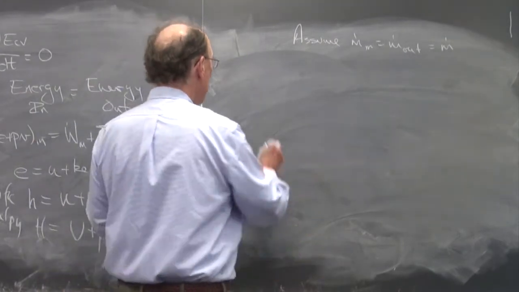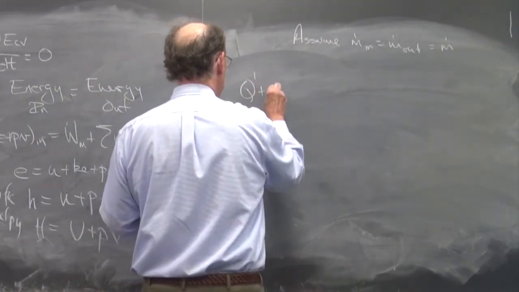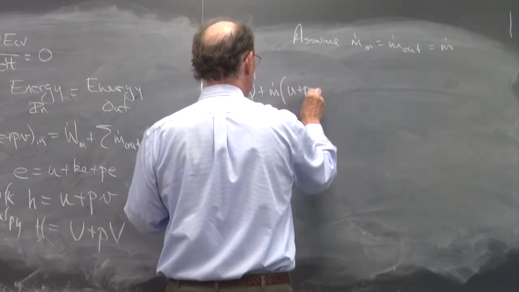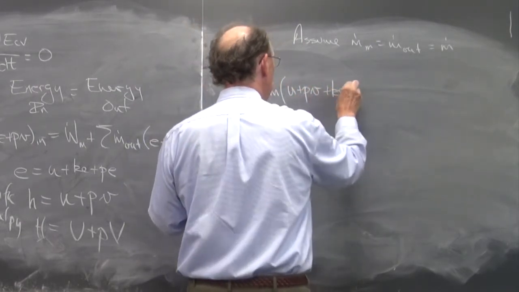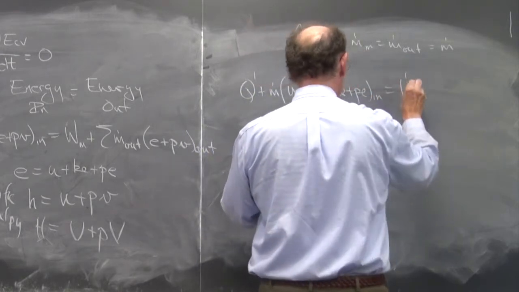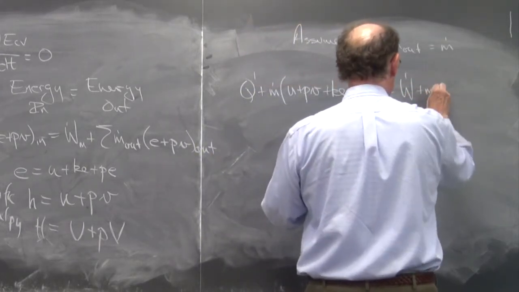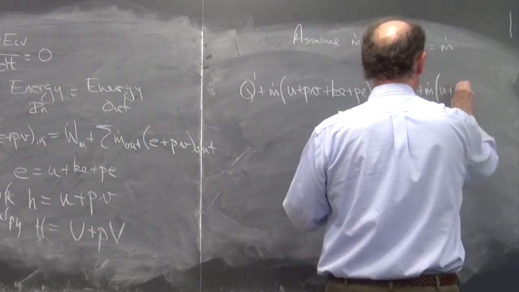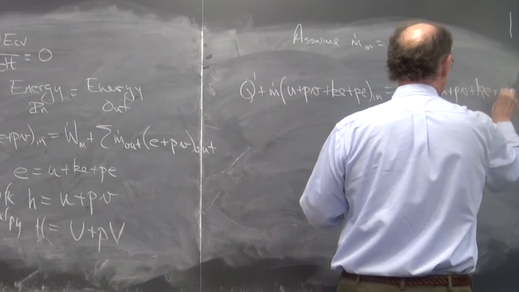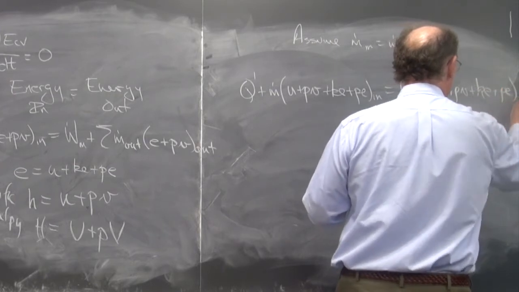So Q dot plus m dot times U plus PV plus KE plus PE in is equal to W dot plus m dot times U plus PV plus KE plus PE out.